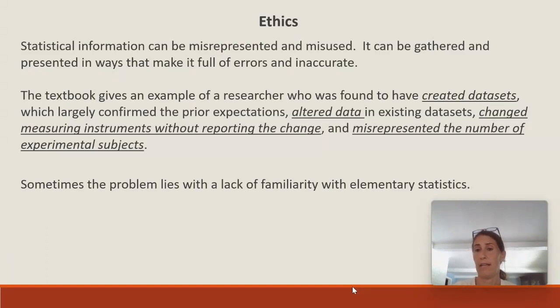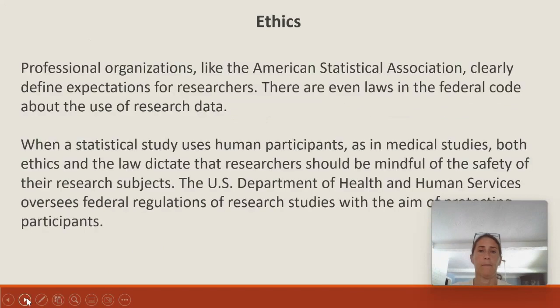They altered data in existing data sets, changed measuring instruments without reporting the change, and misrepresented the number of experimental subjects. There are just so many problems with that one. You can look it up in the textbook if you're interested. But sometimes even the problem just lies with the lack of familiarity with elementary statistics.